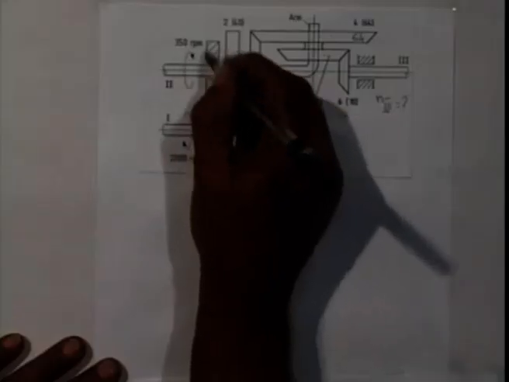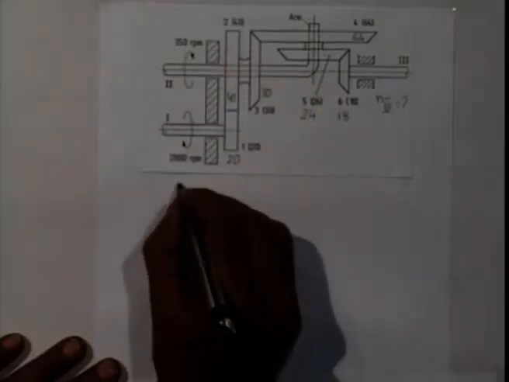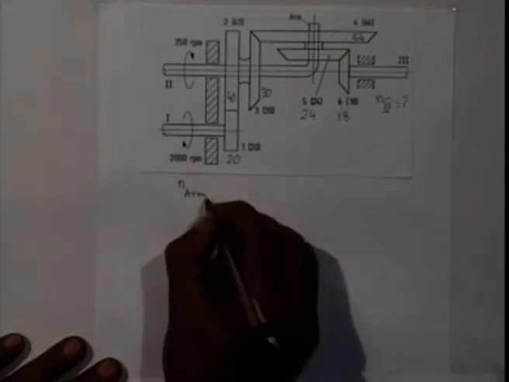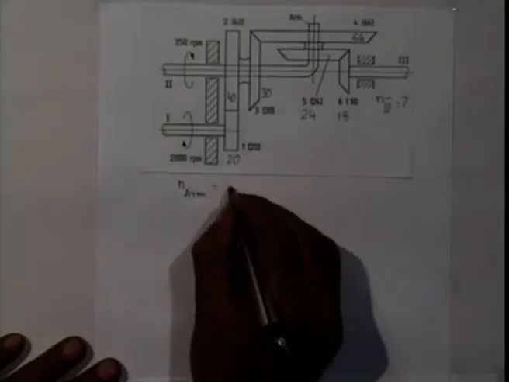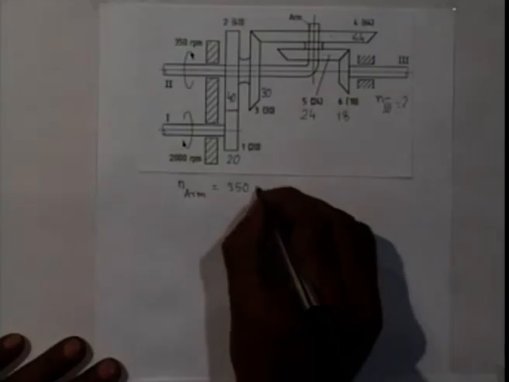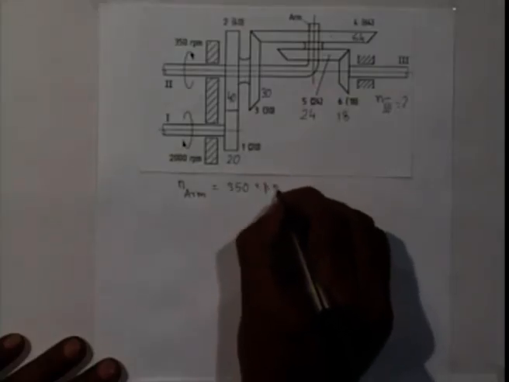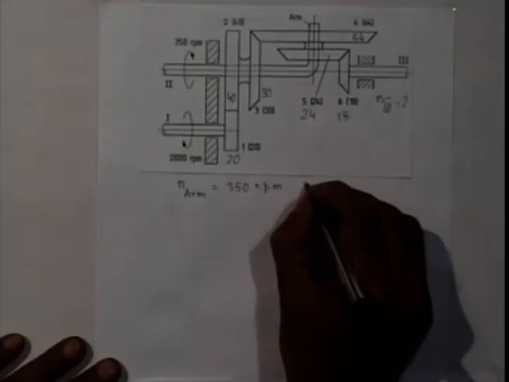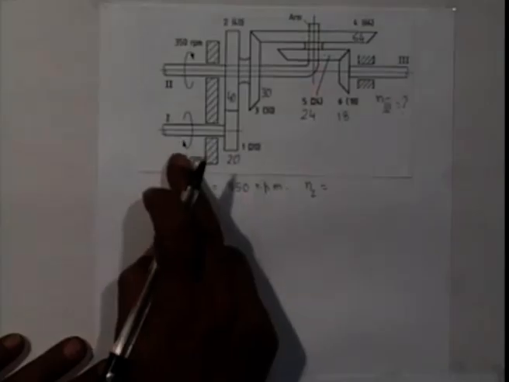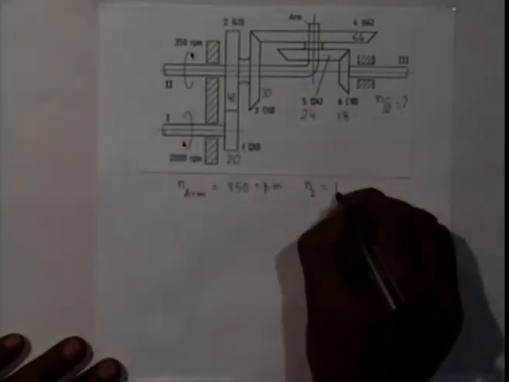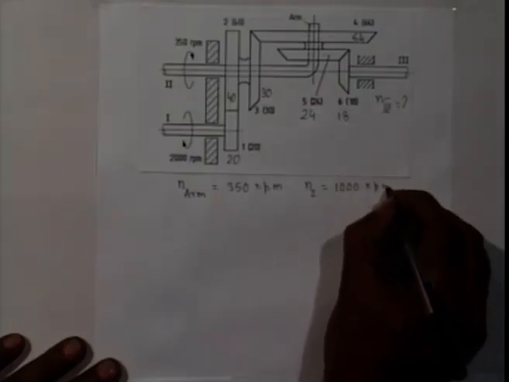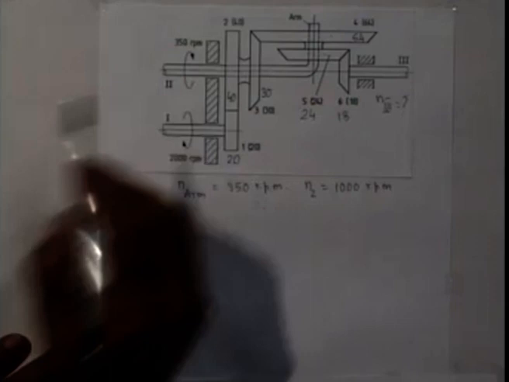If I take this direction as positive, then N arm is 350 rpm, and N of 2, which is decided by N of 1, which is 2000 here, is 1000 rpm opposite to this, that is the same direction as this.